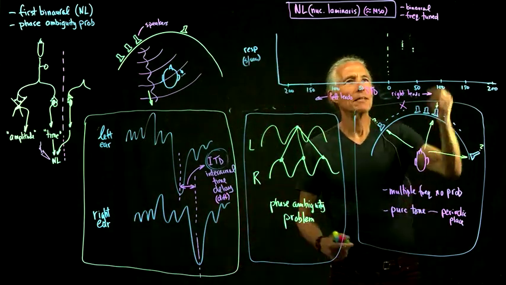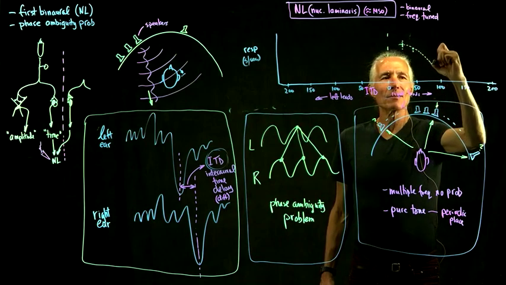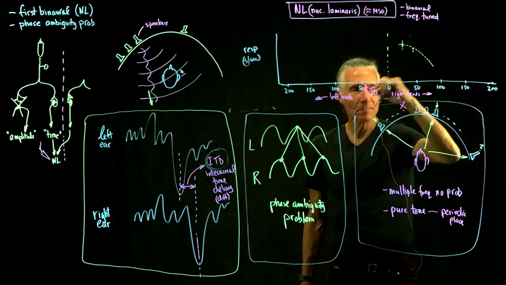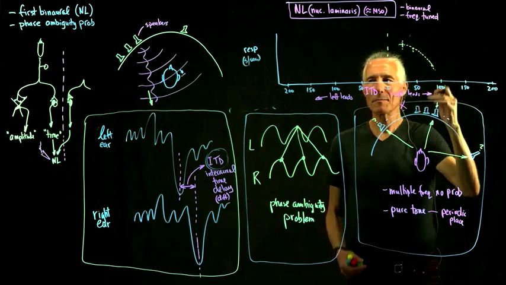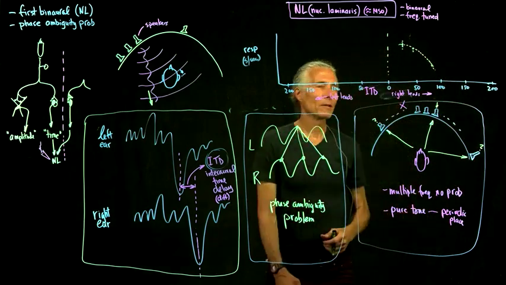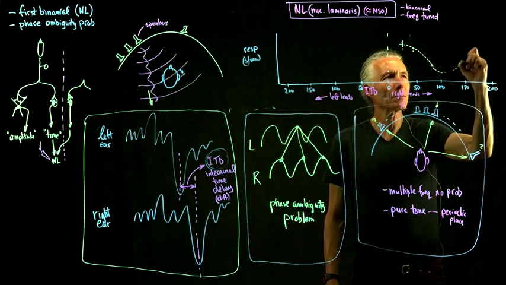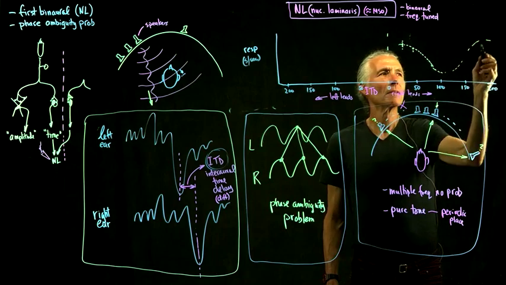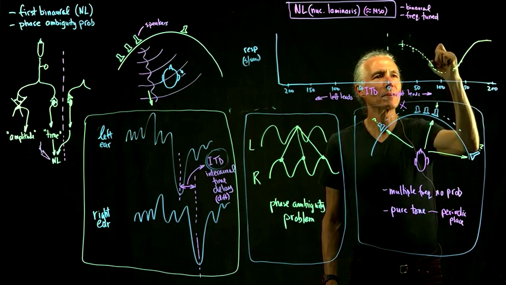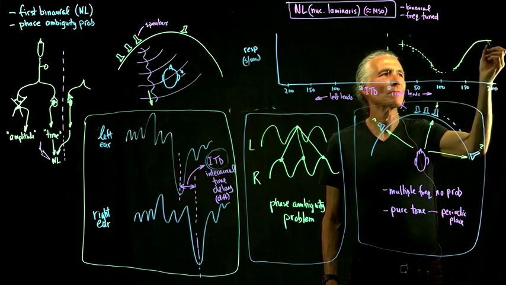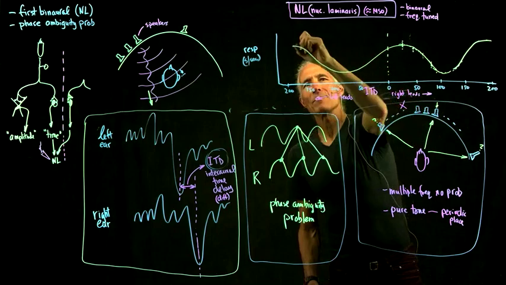And so it looks like this guy is sensitive to interaural time difference. If you keep making the interaural time difference bigger, the response goes down. But then if you continue bigger, it goes back up again. Each one of these, you would sample at a bunch of different interaural time differences to figure this out.